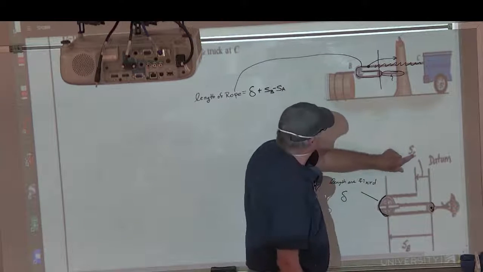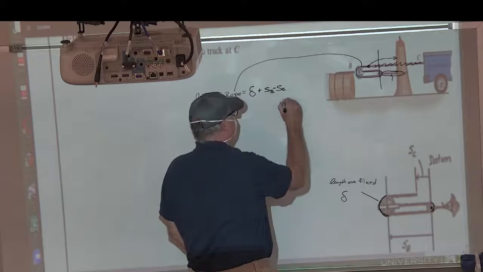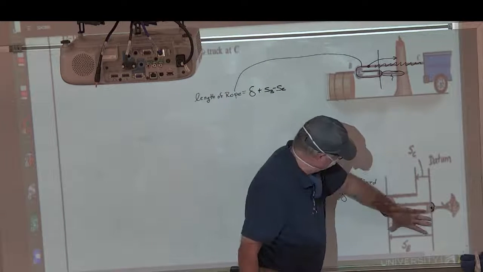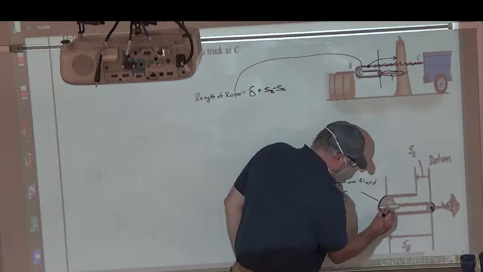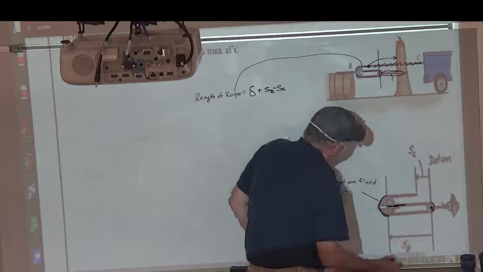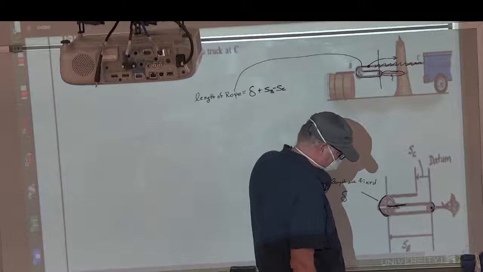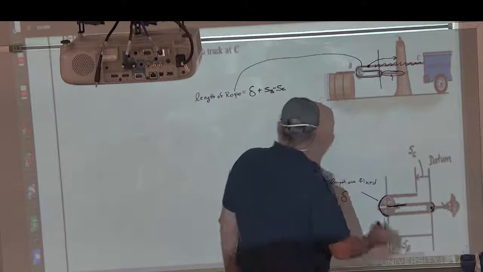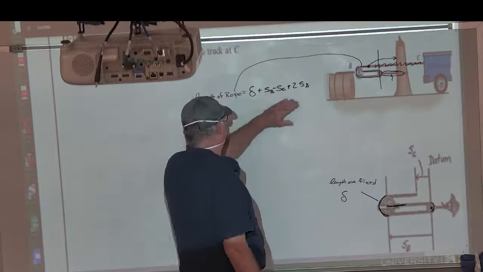I'm sorry, that's a C. SB minus SC gives you that length. And we're going to consider this to be part of the rope as well. So it'll go ahead and go to the center of the pulley. And then we've got two SBs. So that's the length of that rope.